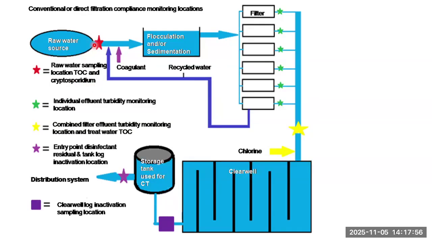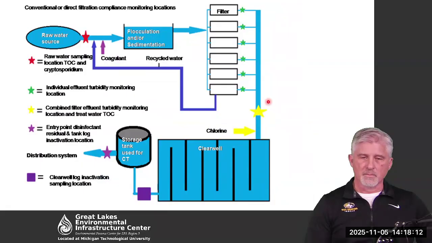We do TOC and crypto there. We add coagulant through flocculation and/or sedimentation. We've got our filters. These green stars are the individual filter effluent points, where we do that sampling. Here we've got our combined filter effluent turbidity monitoring location.